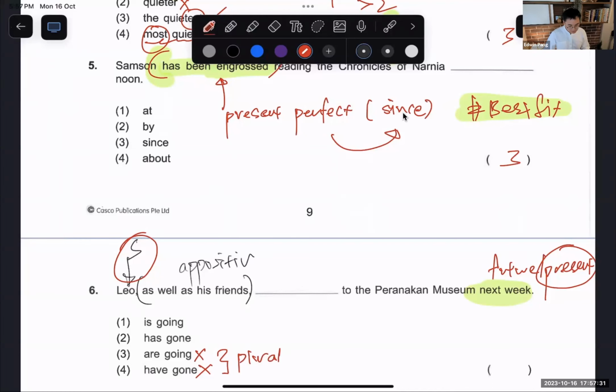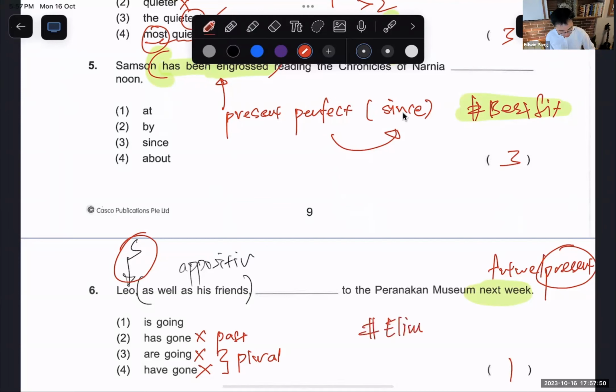It has to be is or has. So is going to the Peranakan or has gone to the Peranakan. Has gone is also wrong because this is in the immediate past. I have gone means I just went. It's in the past, so even though it's present perfect, it's actually in the past. Therefore, the answer is number 1, by process of elimination.